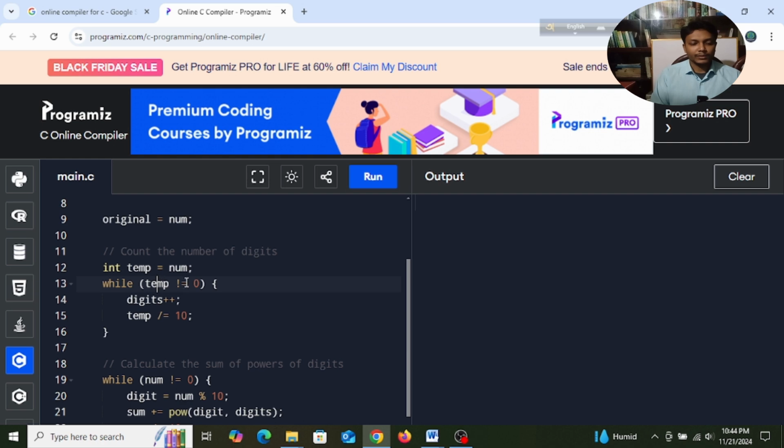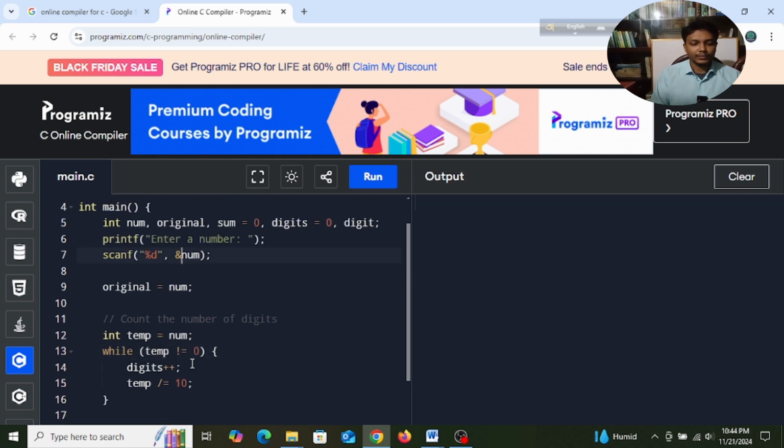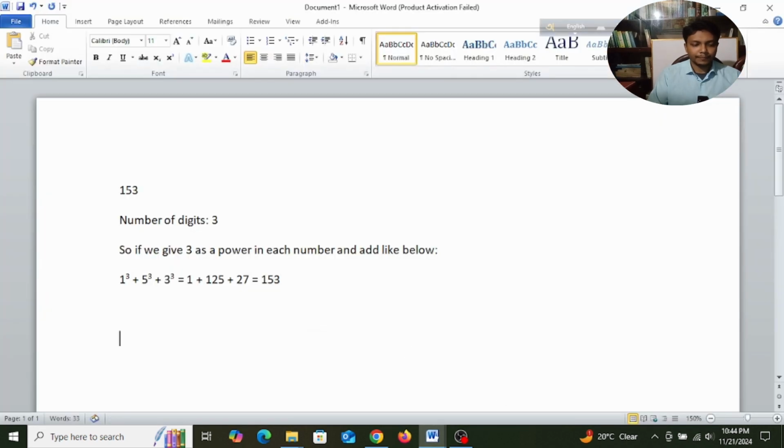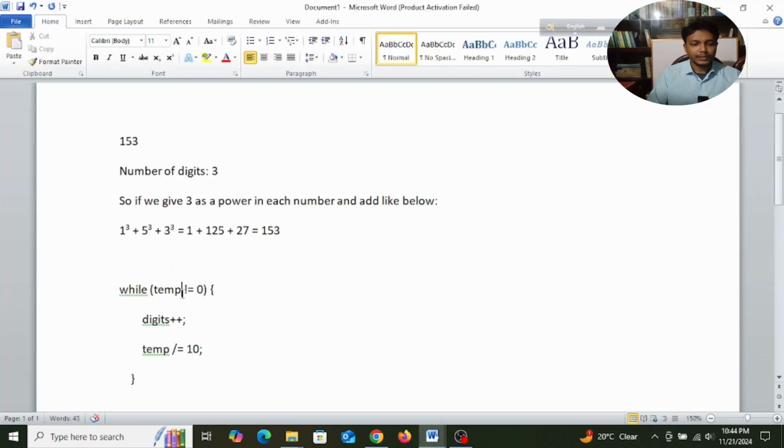While temp not equal 0. As we are taking 153 as input, temp will not be 0, because number is being stored in temp, and number is 153, so temp will be 153 too, right? If we visualize this, 153 is not equal to 0, so digit will be digit plus plus, that means digit will be increased by 1.